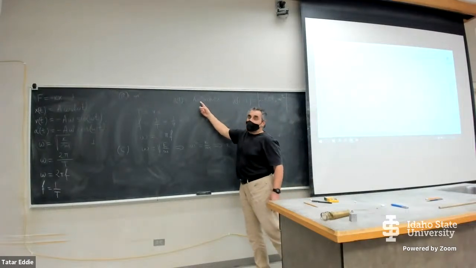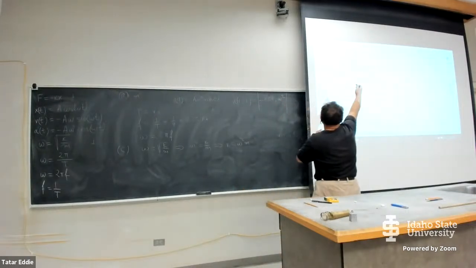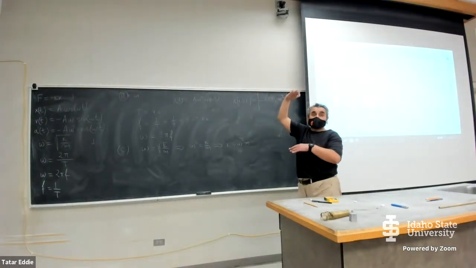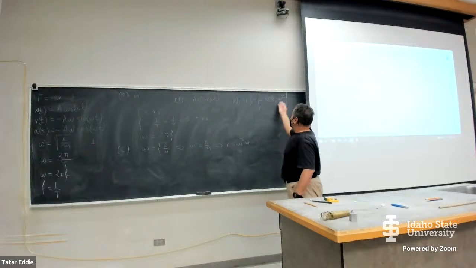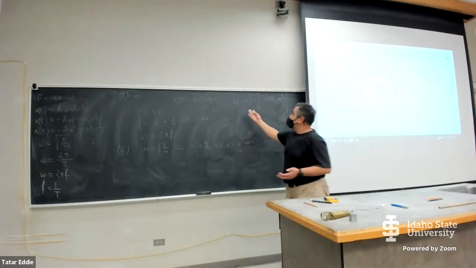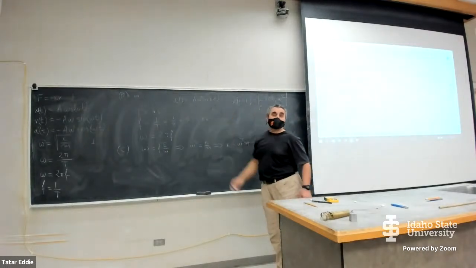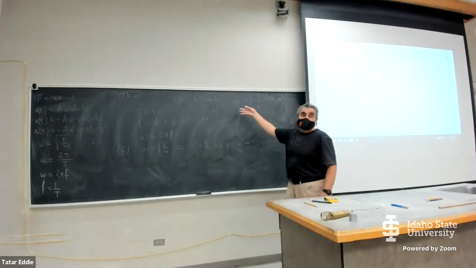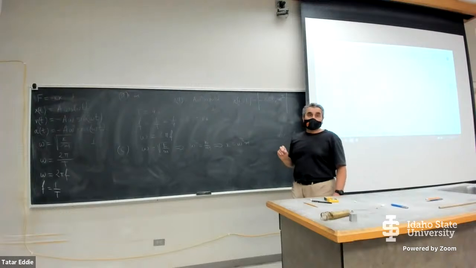So I have amplitude times omega squared. The amplitude I read from the diagram, right? This is the maximum displacement. Omega squared is what is in the formula here for acceleration. And I don't write the cosine because the cosine is equal to 1.